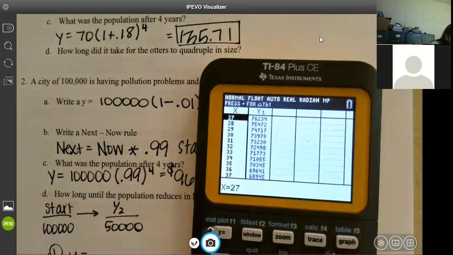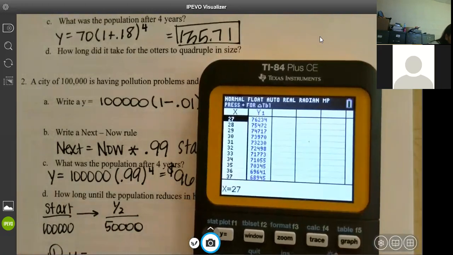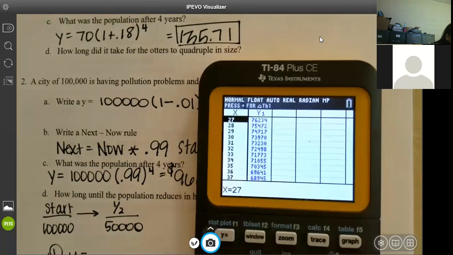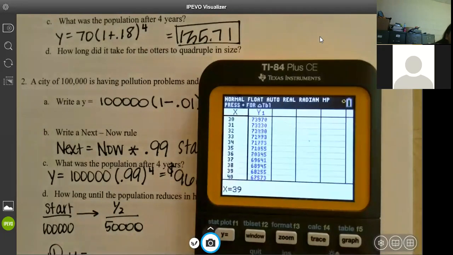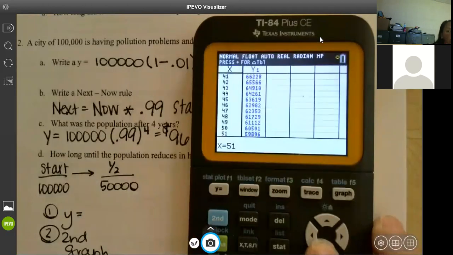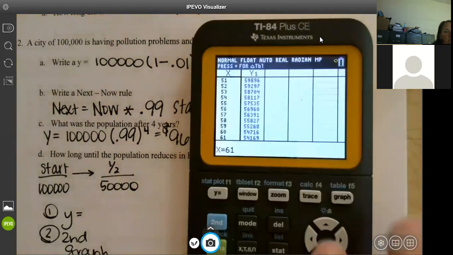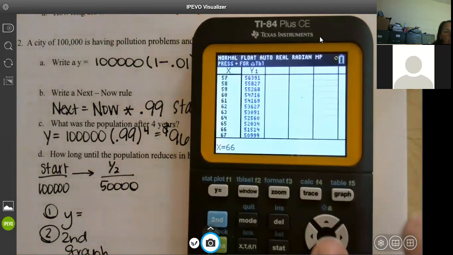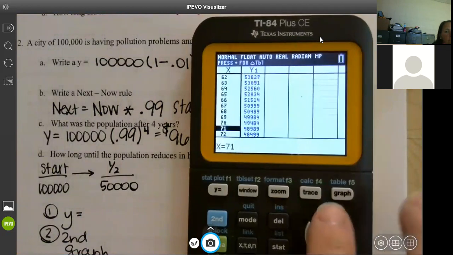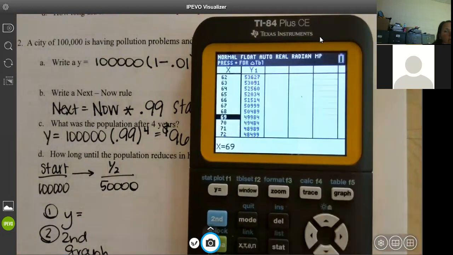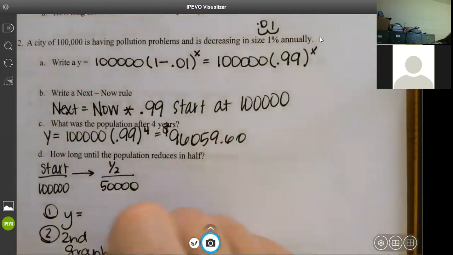And look for as close as you can get to 50,000. So we're in 70s, 60s, still going down. It's a long time, just to let y'all know. 58. Oh, there's 49,984. So about how long does it take? About 69 years.